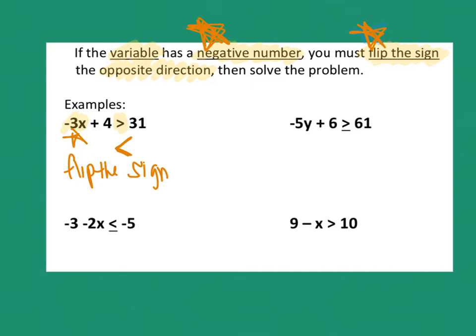The next one has negative 5y. So I need to flip this sign and make it go the other direction. When I say my final answer, it's going to get flipped. On the bottom row, it says minus 2x or negative 2x, so this symbol is going to get flipped the other direction.